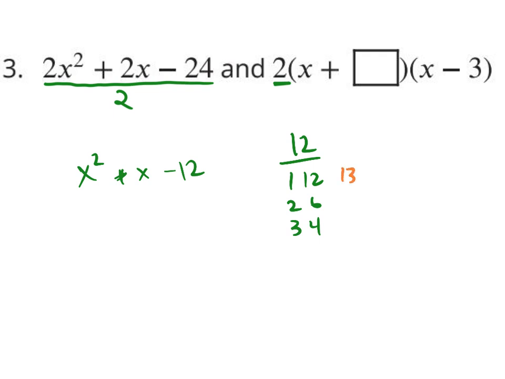I add my terms. I subtract my terms. And what gives me the middle term? 3 and 4. Now this one is a little bit different. I got a negative here, which means both my signs are different. But look, the negative 3 is already there, so the 4 must be positive. And that confirms it because my middle term is positive.